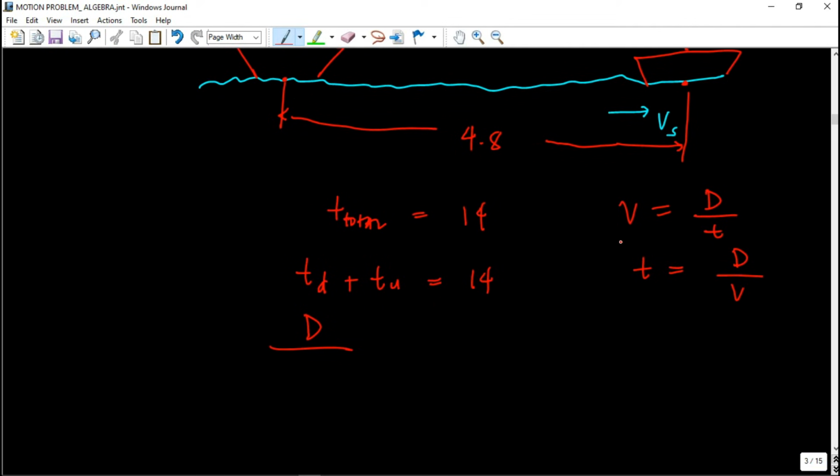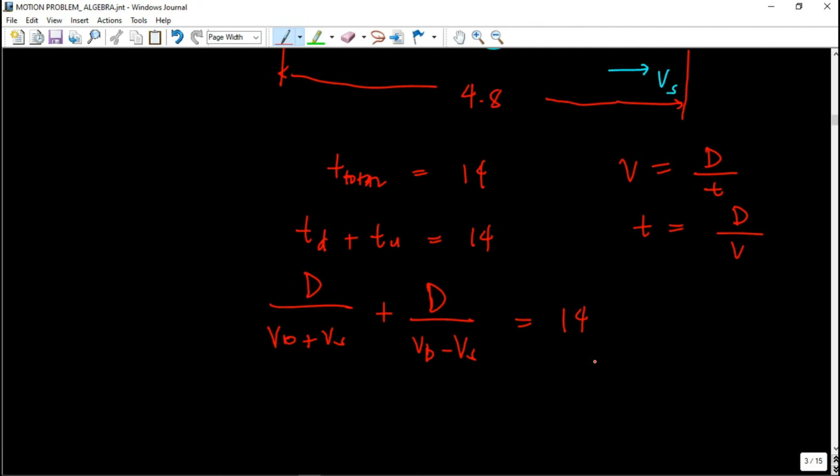So VB plus V sub S. Okay, plus distance over, same distance lang naman sila since bumalik siya at a certain equal distance. Okay, 4.8 yon. So, yung ating rate upstream is VB minus V sub S. So, that is equal to 14.